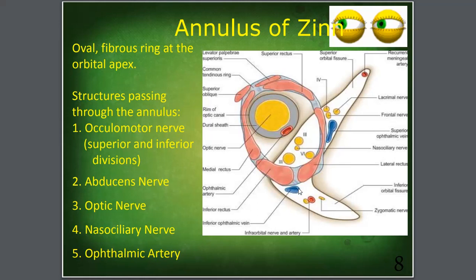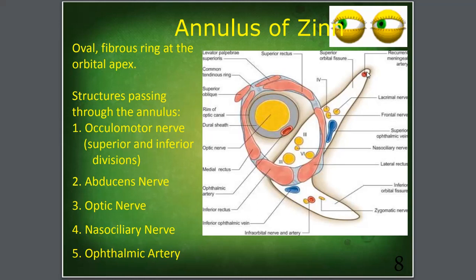The structures passing through the superior orbital fissure are very important. Apart from the structures you see here, you should also list the trochlear nerve, frontal nerve, lacrimal nerve, and superior and inferior ophthalmic veins, the zygomatic nerve, and the inferior orbital artery and nerve.